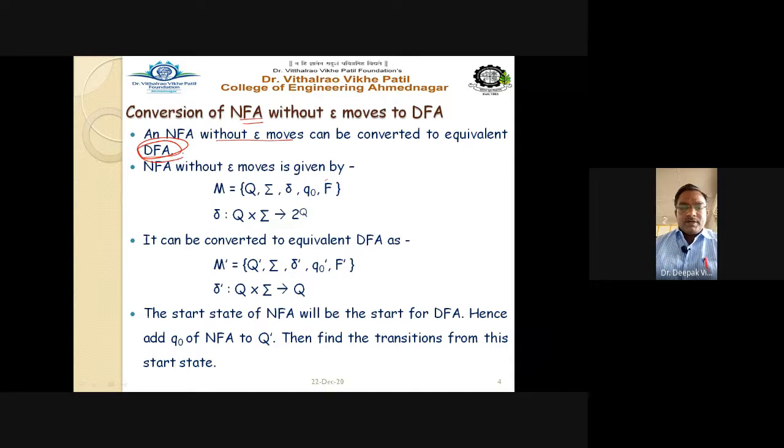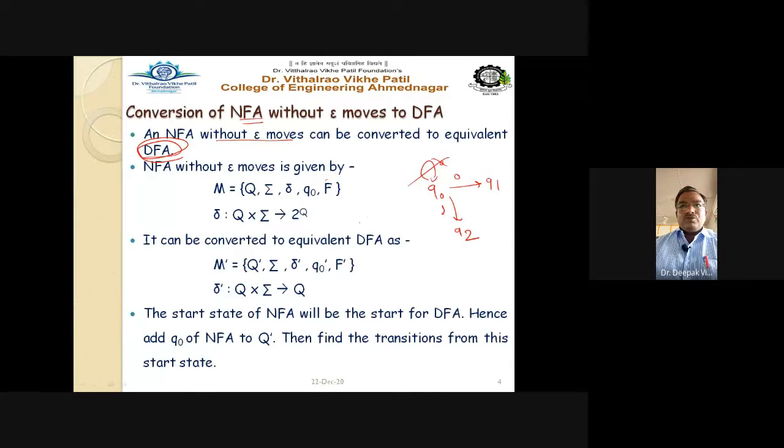And you know that in case of deterministic finite automata, on a single input there must be only a single, deterministic state possible. For example, if Q0 is there, Q0 on 0 must go to Q1, and Q0 on 1 goes to Q2. There should not be two transitions on the same input symbol in case of DFA, right?